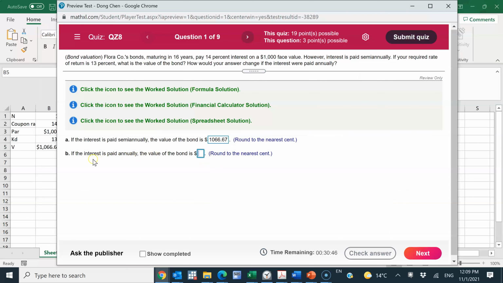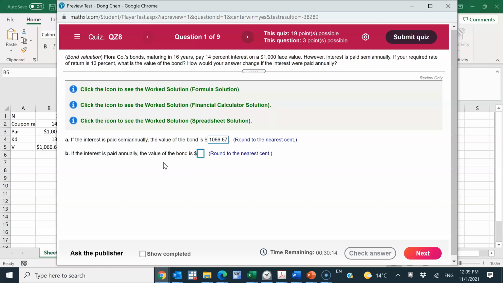If the interest is paid annually, the value of the bond is. First, before calculation, we need to understand the intuition: the more frequent the coupon is paid, the higher the bond value should be to us. And why is that the case? That's simply because of the time value of money. Right? The earlier you get the cash flow, the higher the value of that cash flow is to you.